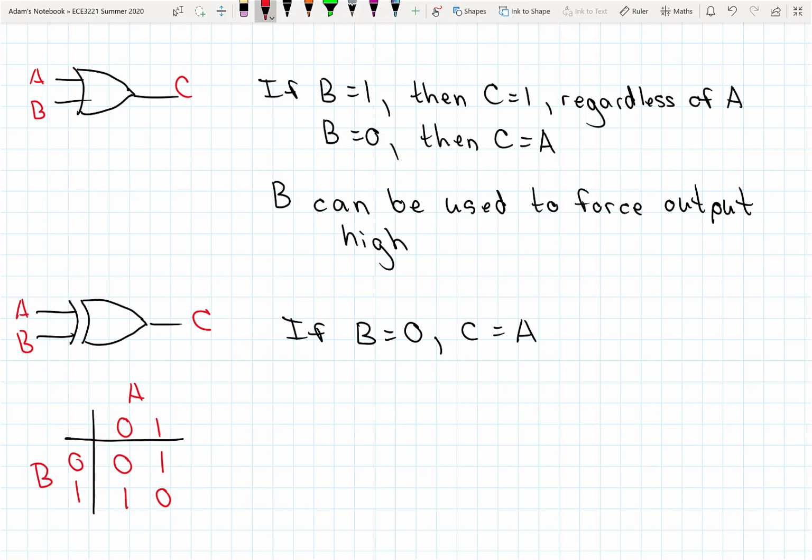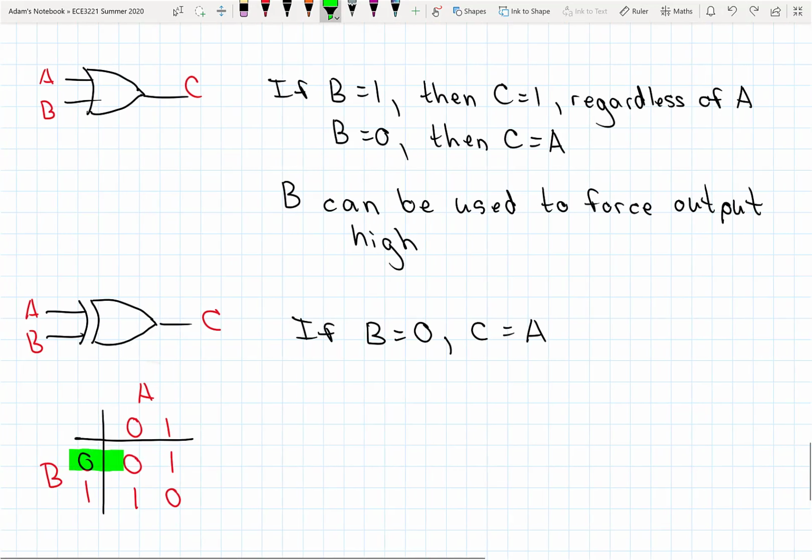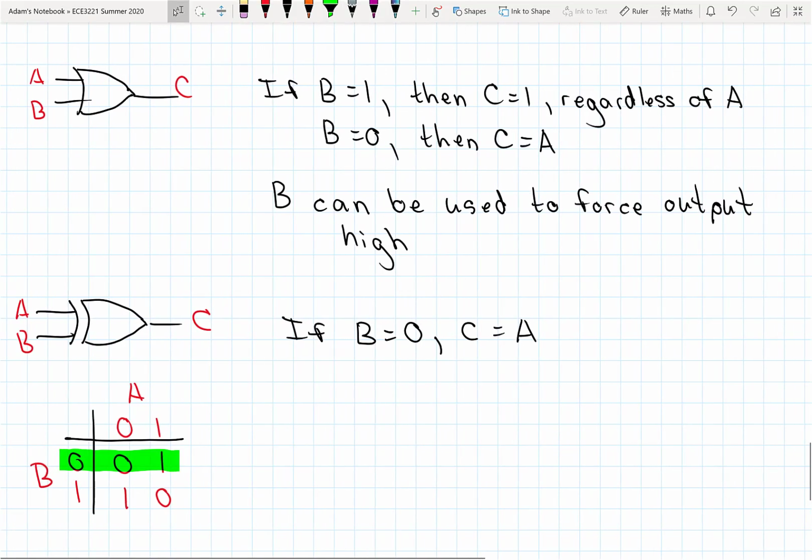When B is 0, look at the output. The output is going to be the same as the input, right? Right here. Output C is going to be the same as A. If A is 0, the output will be 0. If A is 1, the output will be 1. Okay?